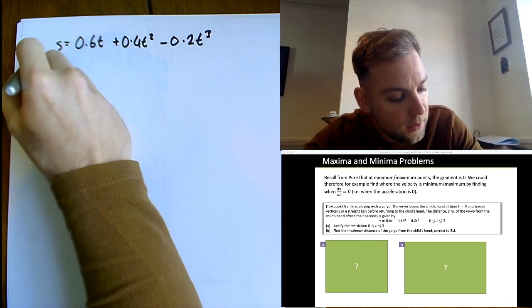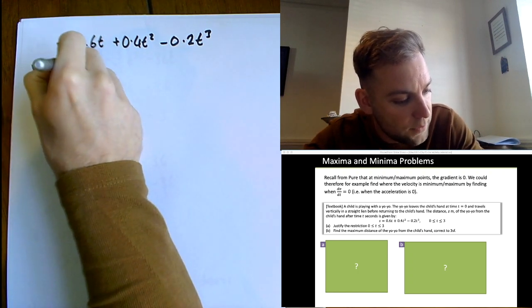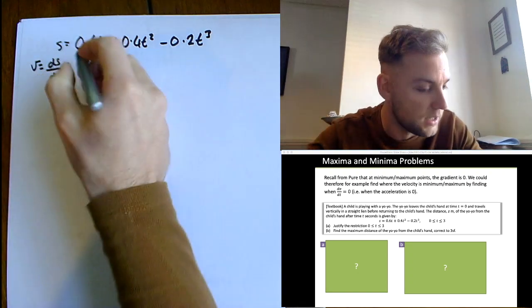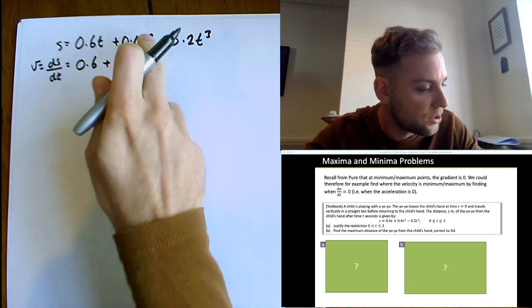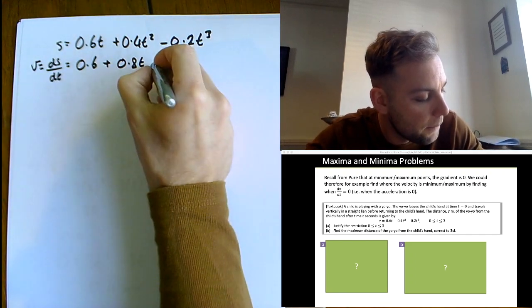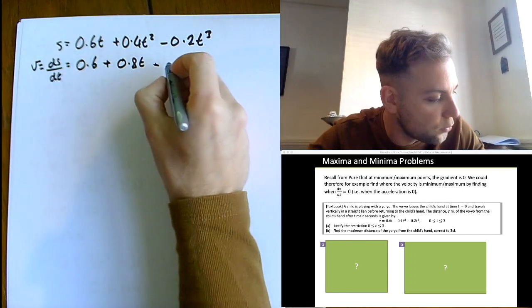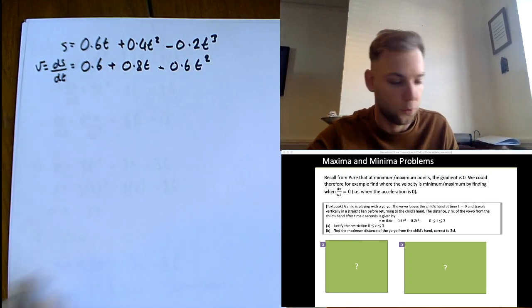My velocity is going to be the change in s over time, the change in displacement over time, which is equal to 0.6 plus, differentiating this, times by 2, take away 1, 0.8t, minus, times by 3, 0.6t squared. Super.